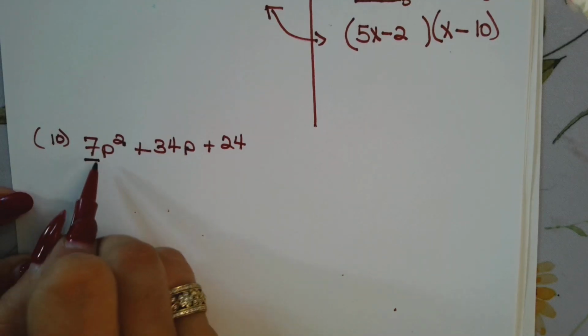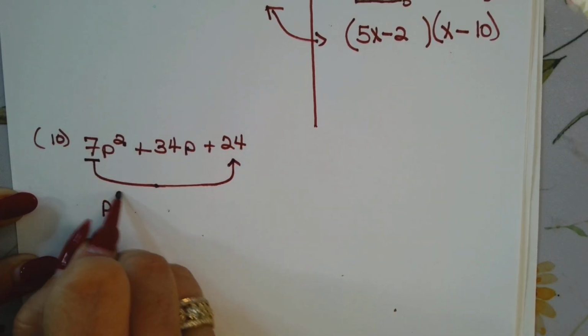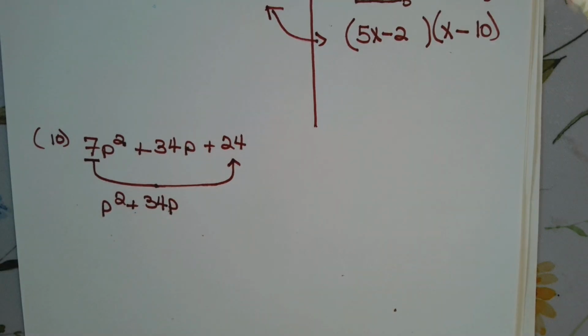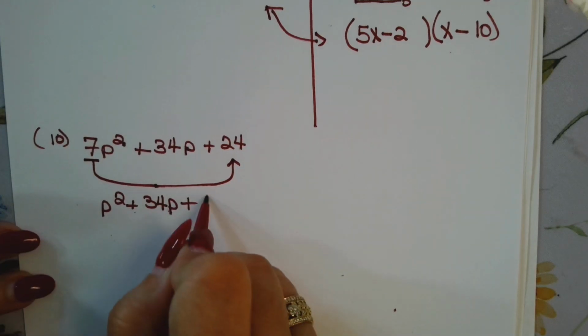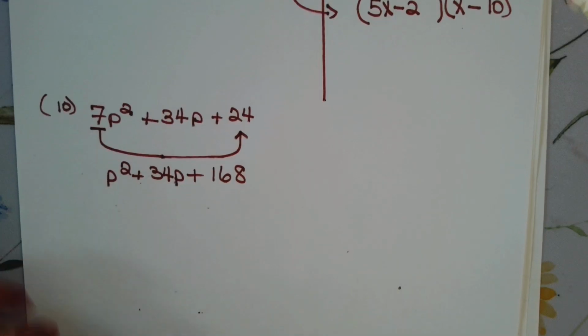So we're going to move this guy over here, and this is going to become p squared plus 34p, and then 24 times 7 is 168. Ooh, this one's going to be fun.